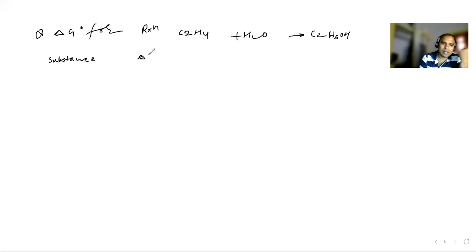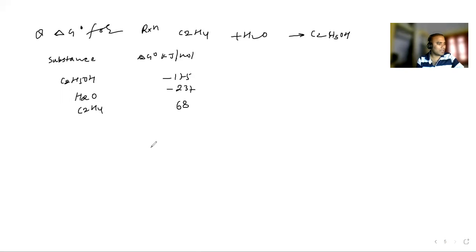Here is the delta G naught value of each substance, in kilojoule per mole. For C2H5OH, the value is minus 175. For H2O, it is minus 237. And the last one, C2H4, its value is 68. So they are asking for delta G naught.